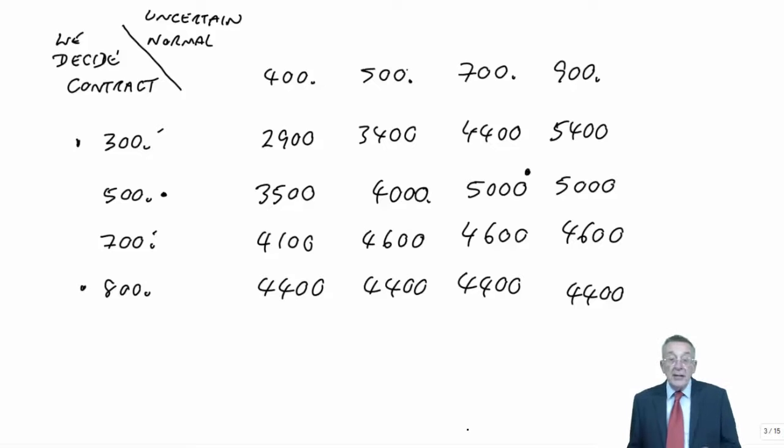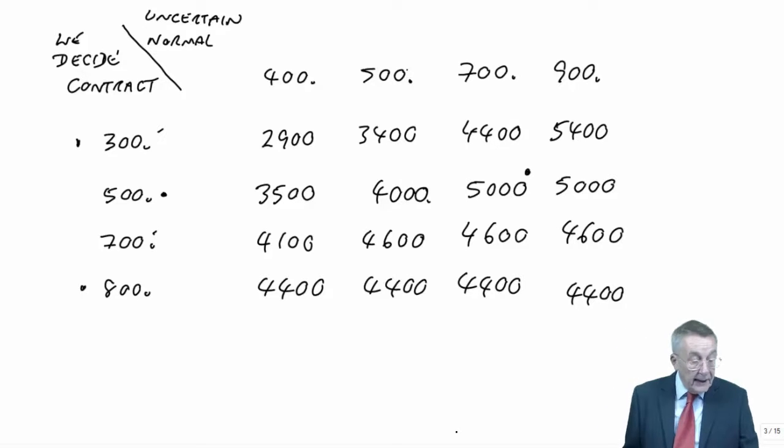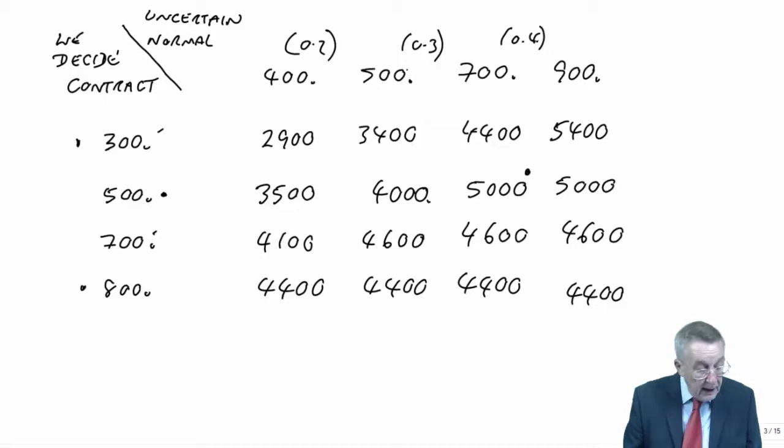And for expected value, we need to know the probabilities of each of the possible returns. And we do, because we know the probabilities of the uncertain demand. It's 0.2, 400, 500 has a probability of 0.3, 700 a probability of 0.4, and 900 a probability of 0.1.